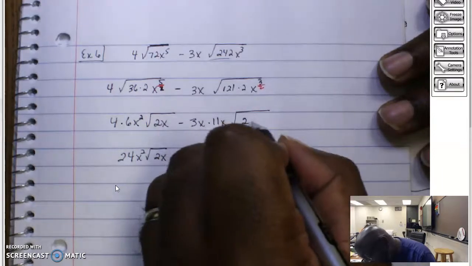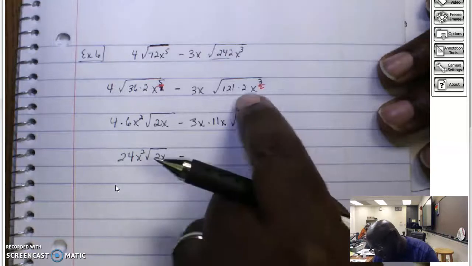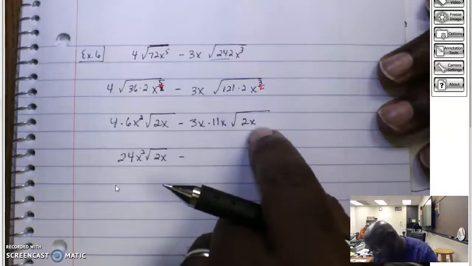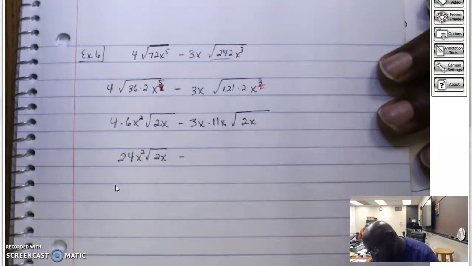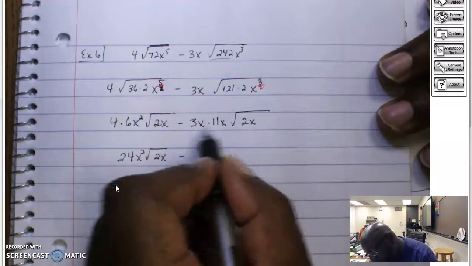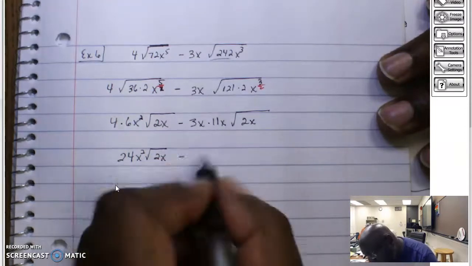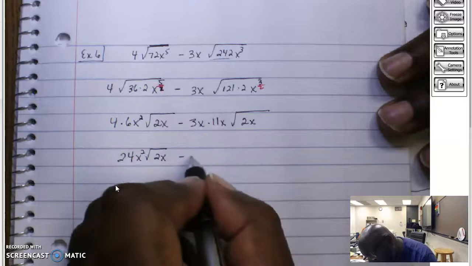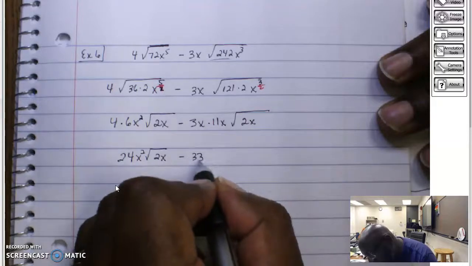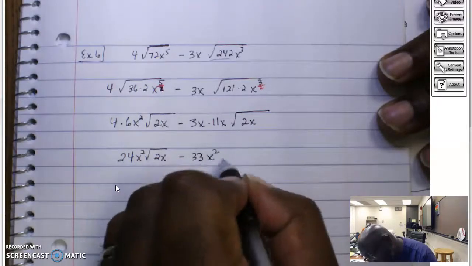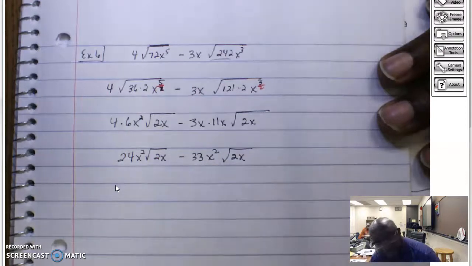So what's left up under the radical is the 2 and then a remainder of x with an exponent of 1. So use my properties of exponents and multiply the coefficients. I get negative 33x squared times the square root of 2x.